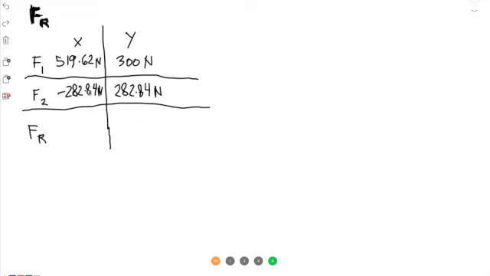That's 519.62 plus negative 282.84. The x component for our resultant force would be approximately 236.77 newtons.